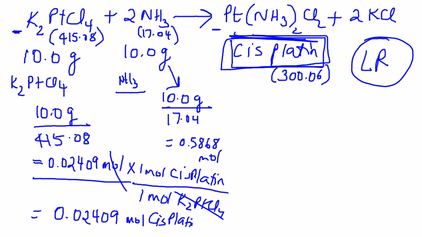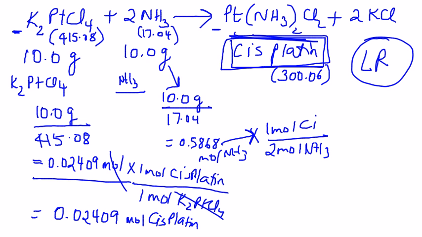When you do the same thing for ammonia, realize that 2 moles of ammonia give you 1 mole of cisplatin. So moles of ammonia cancel off, and the moles of cisplatin you will get in this case will be 0.2934 moles.